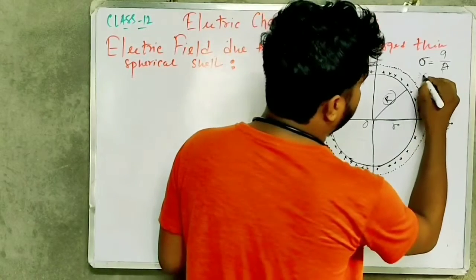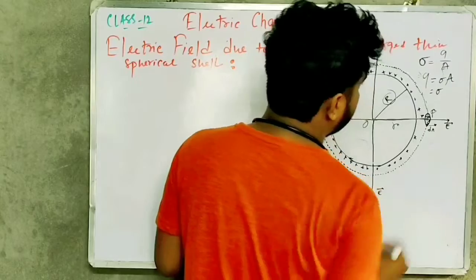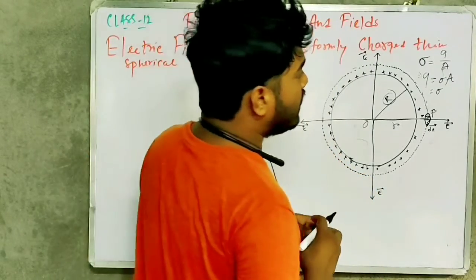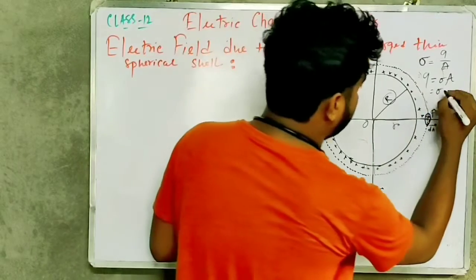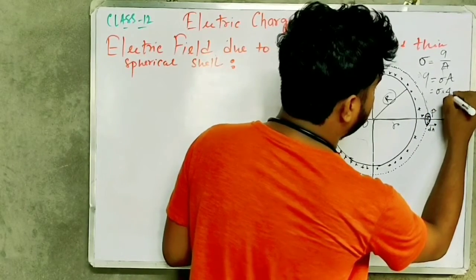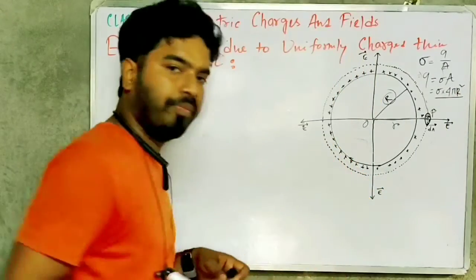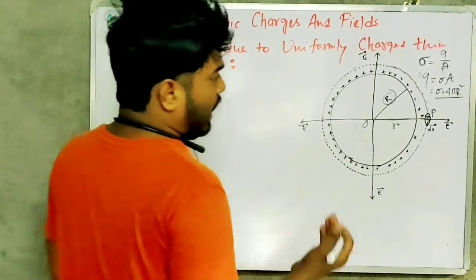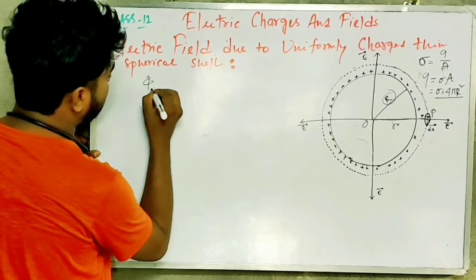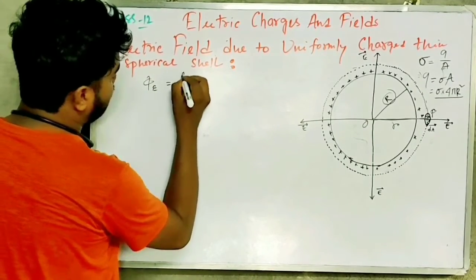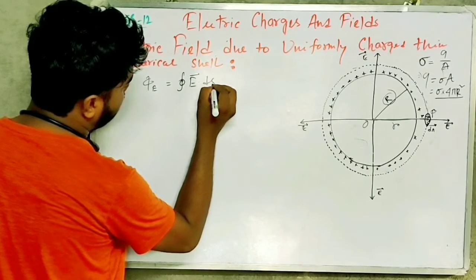So Q is equal to sigma into A, and A is the area of this surface, with radius capital R, so the area will be 4 pi R square. Clear? Now we know that the electric flux phi E is equal to the integration of E dot dS.